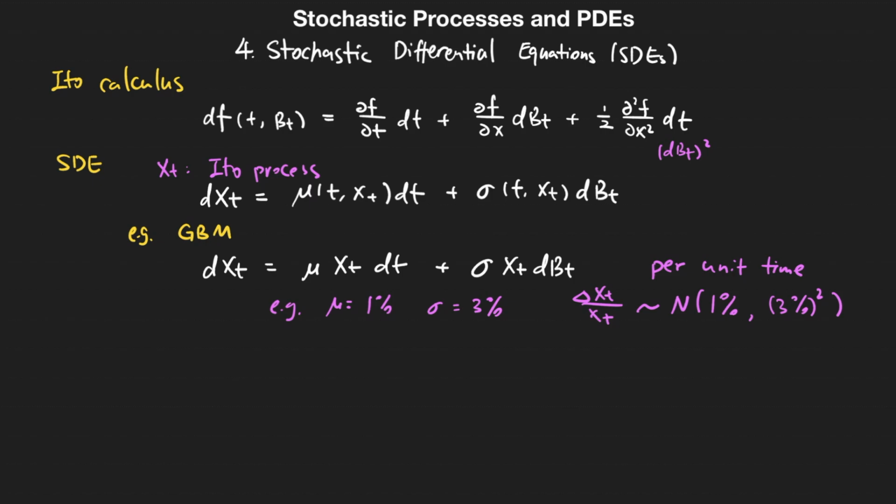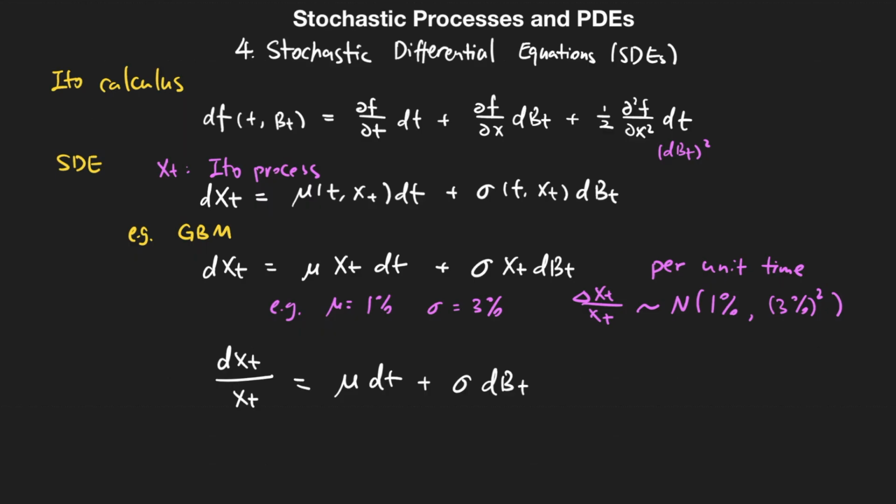So let's look at the example of the geometric Brownian motion to see how we can solve this equation. If we were doing regular calculus, we could just perform a separation of variables. So we can just move xt to one side, so that dxt over xt equals mu times dt plus sigma times dbt. Now, because we have a stochastic process for xt, we need to be very cautious here, because we don't just want to naively integrate both sides.